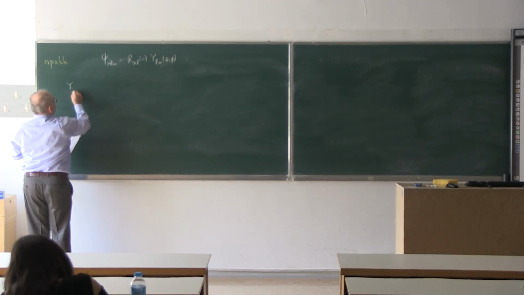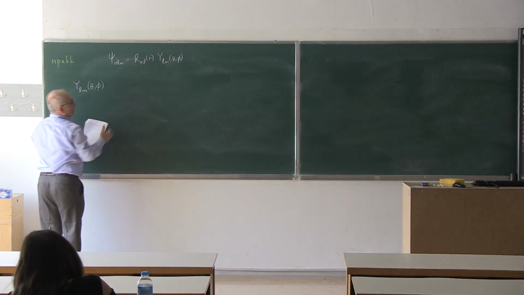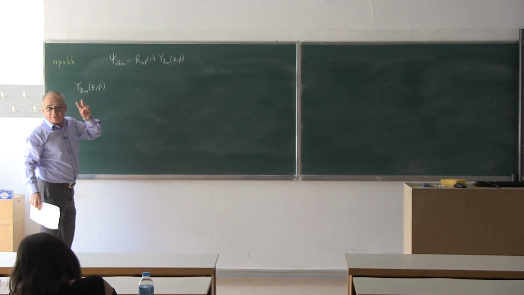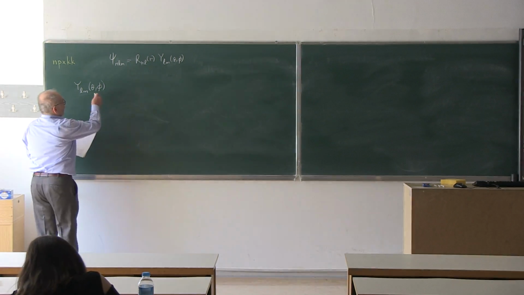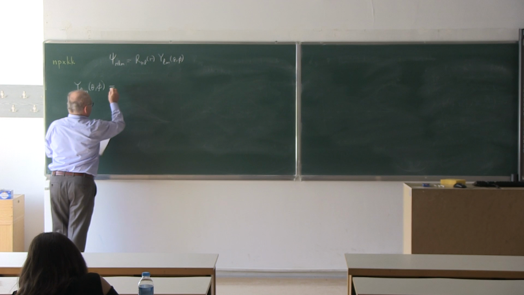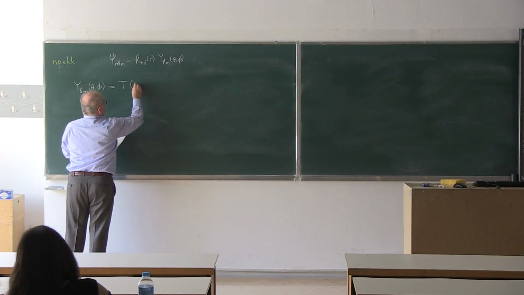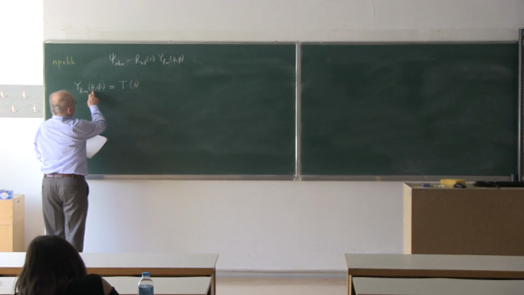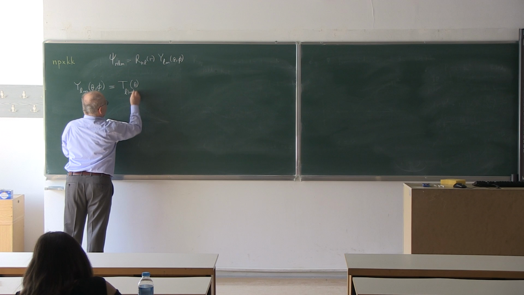The angular part is this, the spherical harmonics. These functions are functions of 2 angles. One is theta, the other is phi angle. They have the following form. There is a factor which depends only on theta, the first variable, and it is indexed by the l quantum number and also m quantum number.